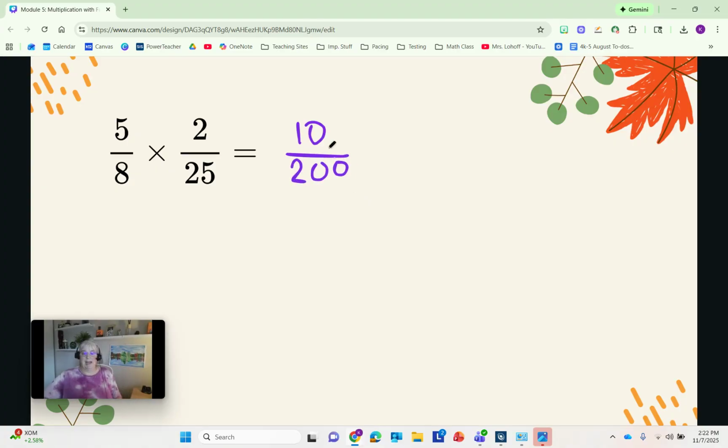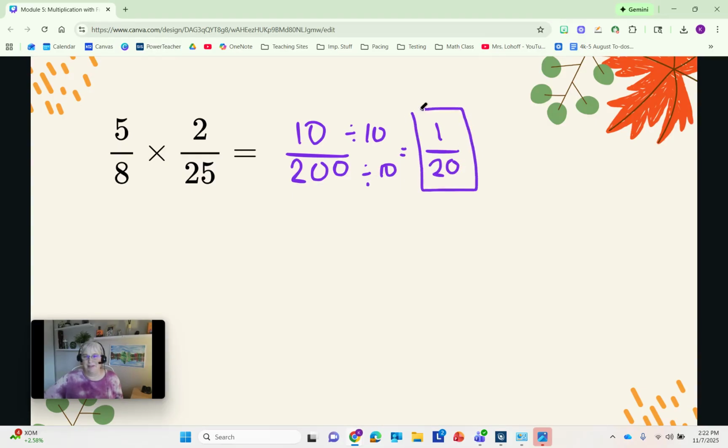All right. I can see I can divide the top and the bottom by 10 because 10 has a 0 and 200 has a couple of them. 10 divided by 10 is 1. 200 divided by 10 is 20. So the answer becomes 1/20th. There's that one at the top.